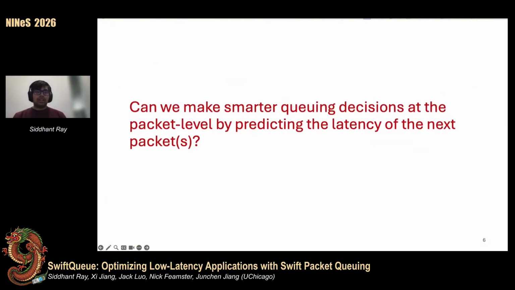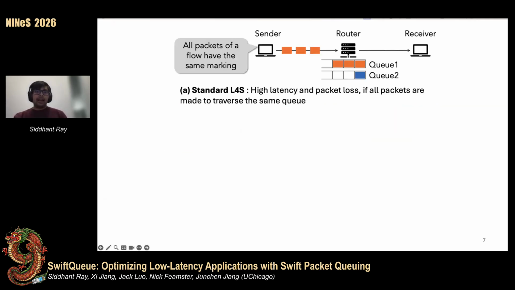So we ask the question: can we make smarter queuing decisions at the packet level by predicting the latency of the next packet or packets? The idea is that we can reduce the tail latency by reducing the latency of the packets that would experience high queuing latency. These decisions need to be made at the sender before the next packet is sent out. Let's look again at the vanilla case, where we have standard L4S, and all packets are marked for Q1, with no change.